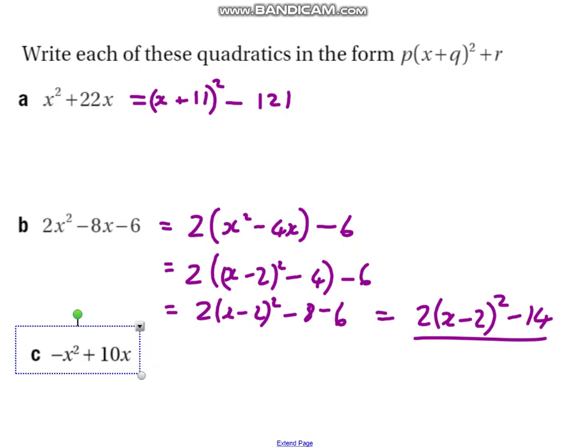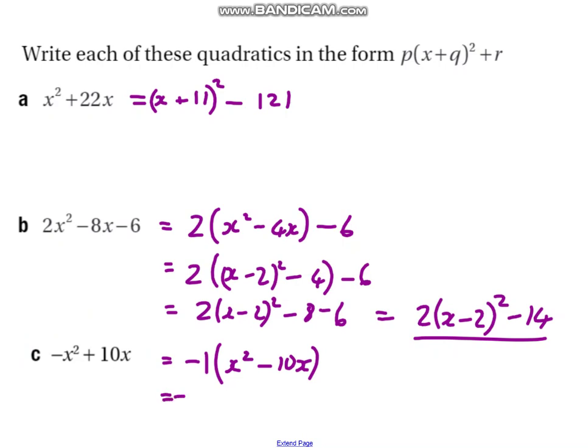Again, we have to do a little bit of a cheeky factorise here because of this minus, which is really a factor of minus 1. So I'm going to take a factor of minus 1 out of this, and then inside that I'm going to have x squared minus 10x. Okay, and now same kind of thing again.